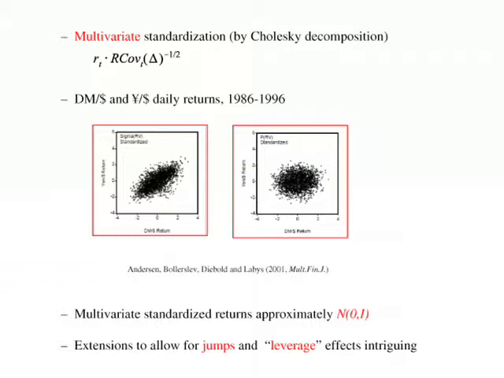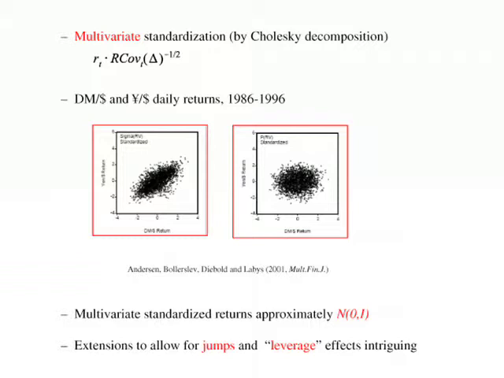Marginally, these distributions are Gaussian. So if I integrate it out, I would get marginal Gaussians. But they're clearly correlated. On the other hand, if I standardize by the realized variance-covariance matrix, or the square root of that, I get this scatter plot, which looks pretty much like a scatter plot from an uncorrelated bivariate Gaussian.